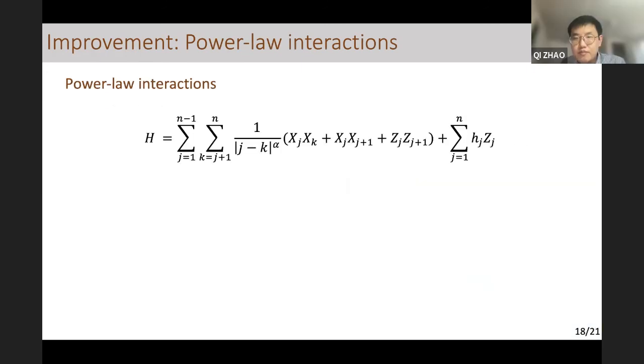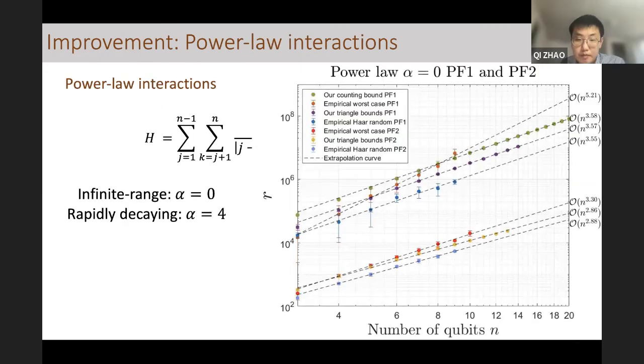I think for small n, both in the power law case, we have a very large variance, because here we choose different random magnetic fields. And both in this power law case and the nearest neighbor case, for a small number of qubits, we both have a large variance. Yeah, it's the same with the worst case, I guess. So it's not a unique phenomenon in the average performance.